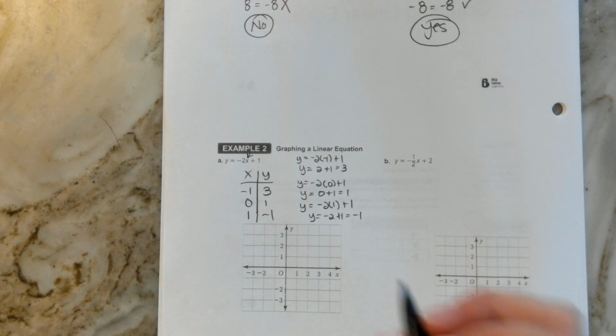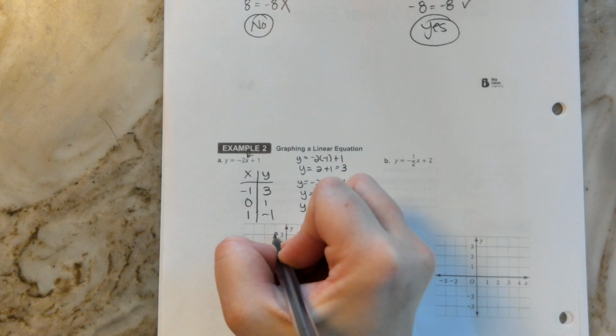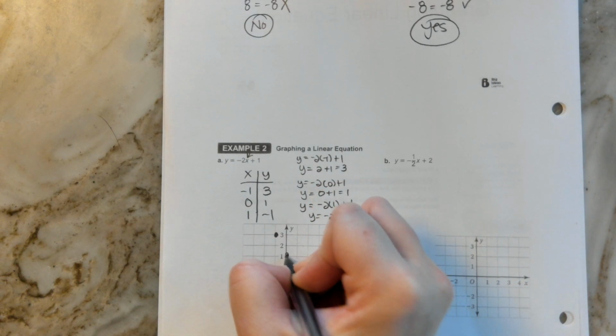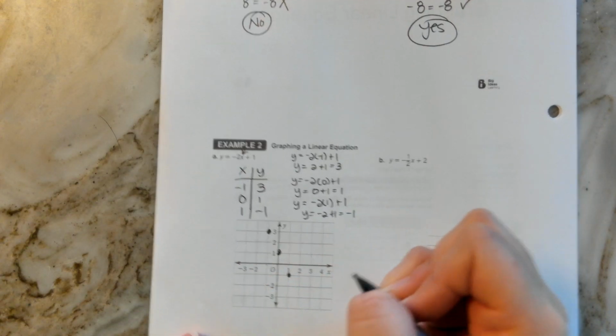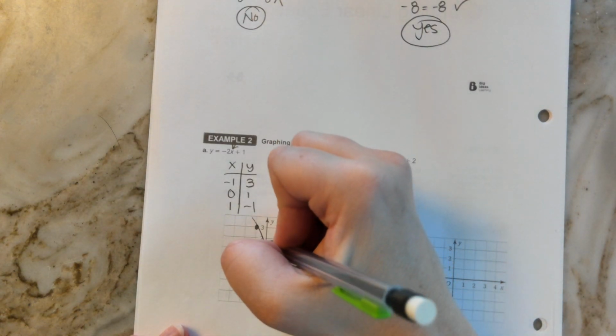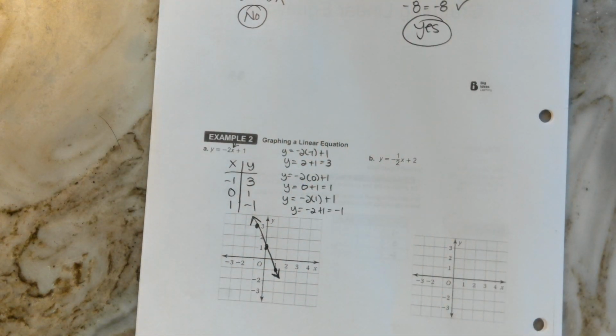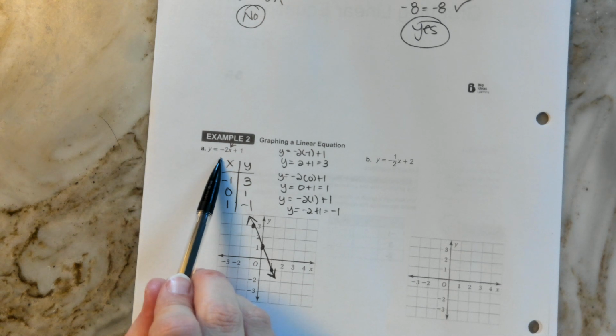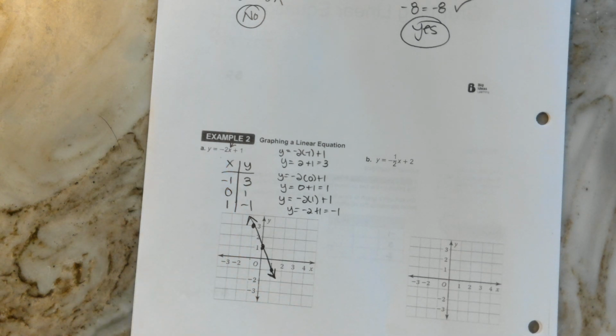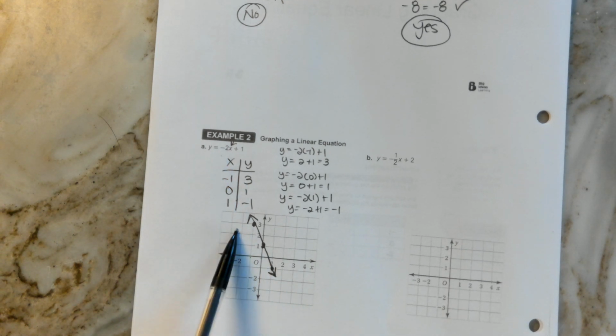So these are our points. So I have the point negative 1, 3, 0, 1, 1, negative 1 to plot on my graph, make a straight line through them. And we talked yesterday about, do we put arrows on? Whenever we just have a plain equation that's not a story problem, yes, arrows go on both ends.